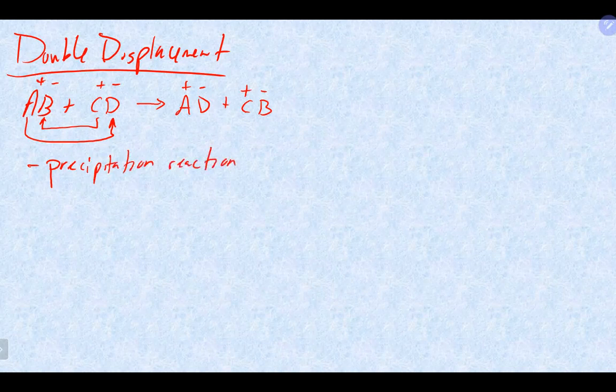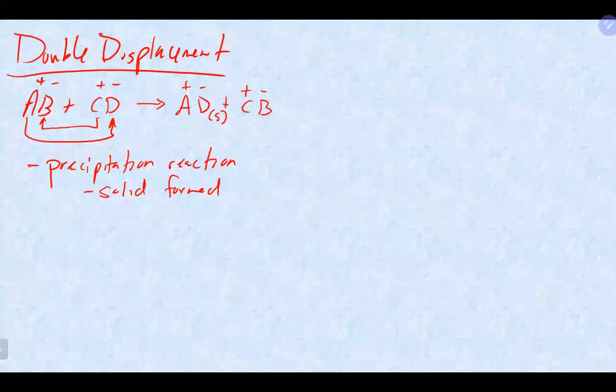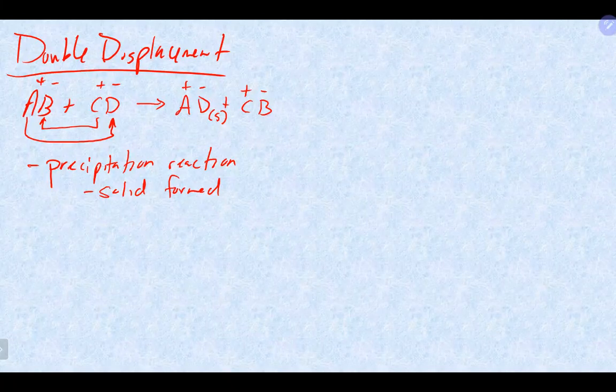And in a precipitation reaction, some type of solid is formed. As we also talked about with solubility rules, when those two ions come together, they do make a solid.